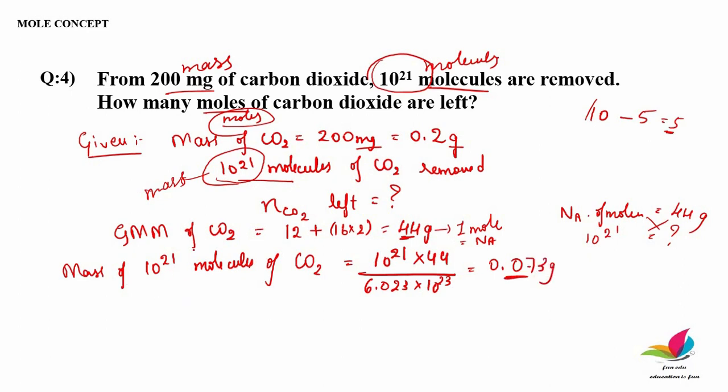0.073 gram. So the mass of these many molecules of carbon dioxide is 0.073 gram. Now, simple. See, the given value is in terms of gram and the calculated value is also in terms of gram. So you can apply this strategy now, correct?